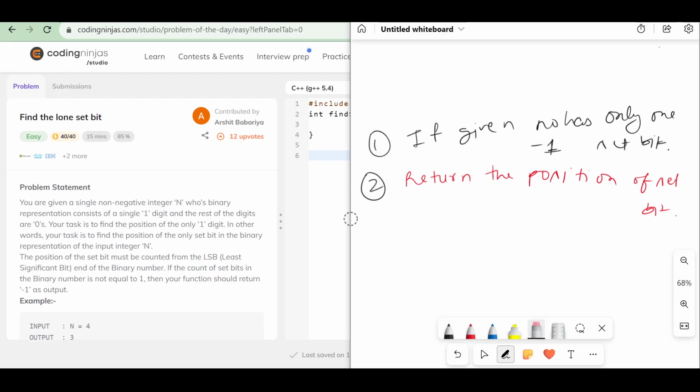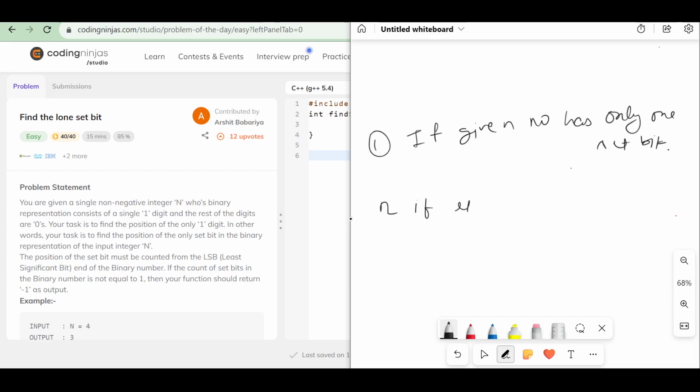Now let us see how we are going to find out if it is having only one set bit or not. We'll find out using the property of bits that you must know if you have learned about bit manipulation, that any number n has only one set bit if it is a power of 2.